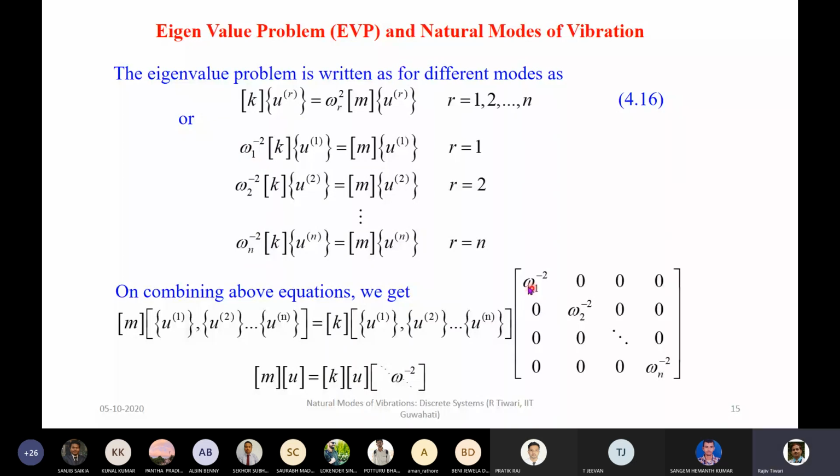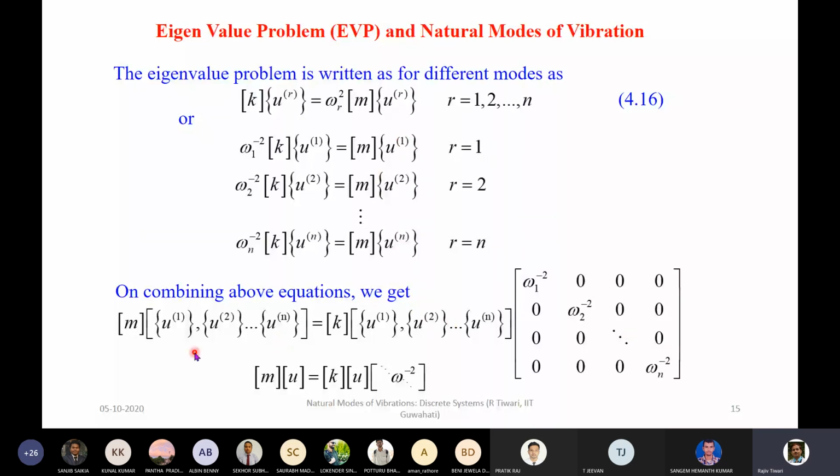That means if I multiply the first, this mass with this and this with this and with this, I'll get the first equation. Similarly, the second term gives this equation. So if we expand this, we'll get this. So that is one and the same equation, only we have combined all of them, for r is equal to 1 to n here.